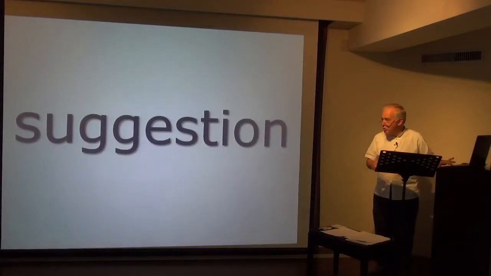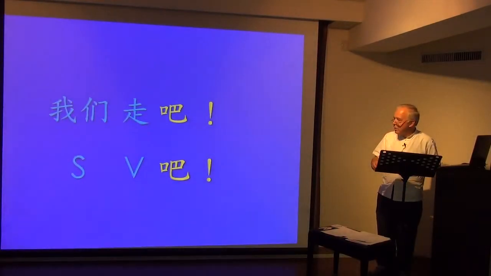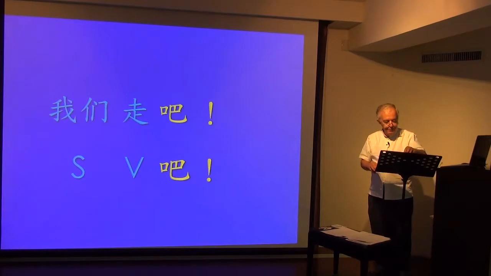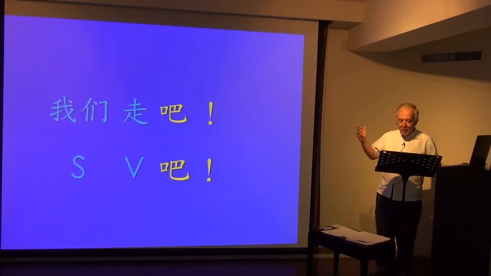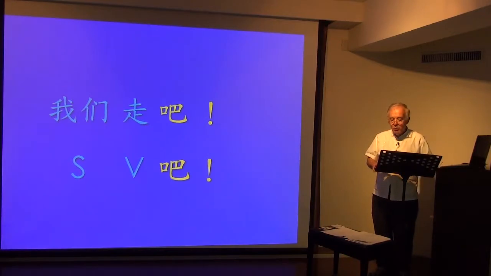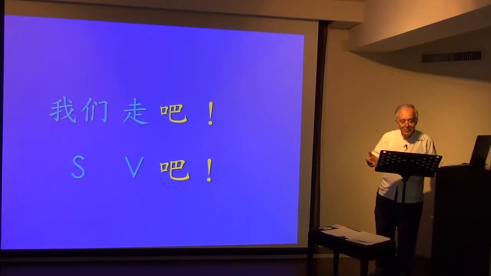Let's move on to suggestion. 我们走吧. When the speaker wishes to make their point in the form of a suggestion rather than a direct command, in English we use let's at the beginning of the sentence. Let's go. Let's eat.